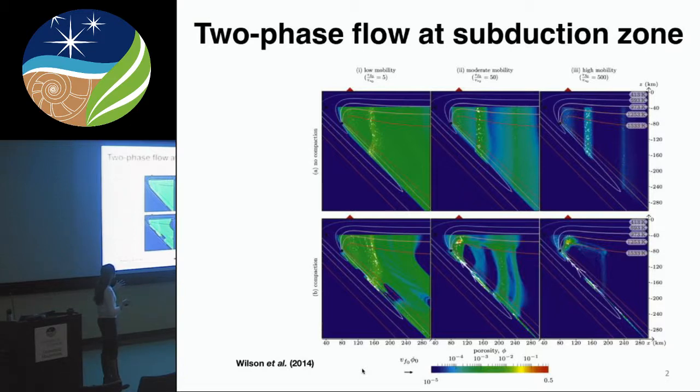The bottom row is with compaction, and the top is the zero compaction assumption. So the goal is really to apply this to figure out the carbon fluxes at subduction zones, and hopefully I'll give you an answer by the end of my tenure here.